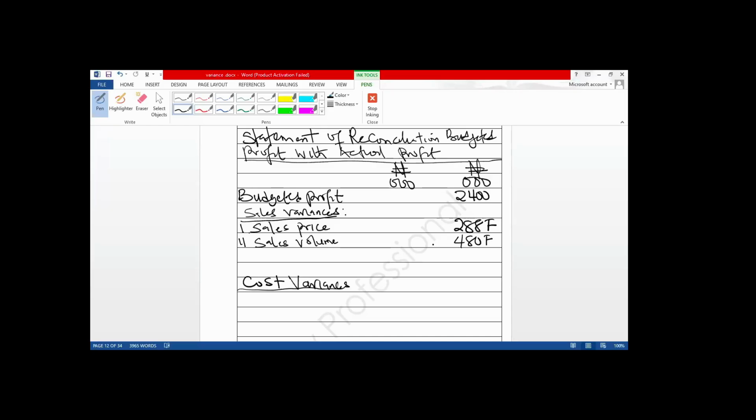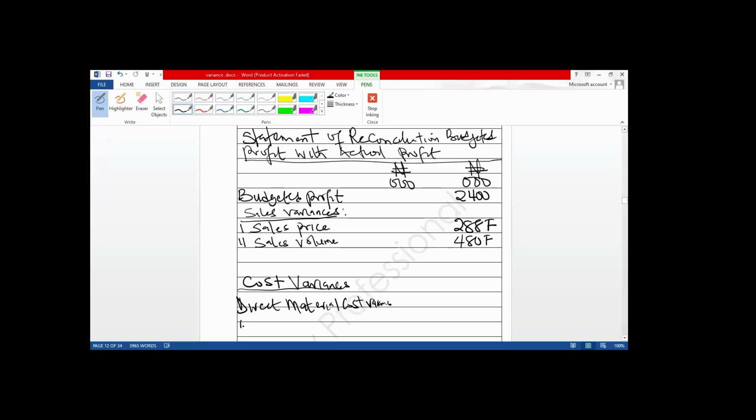Now come to the cost. Direct material cost. We have direct material cost variance.